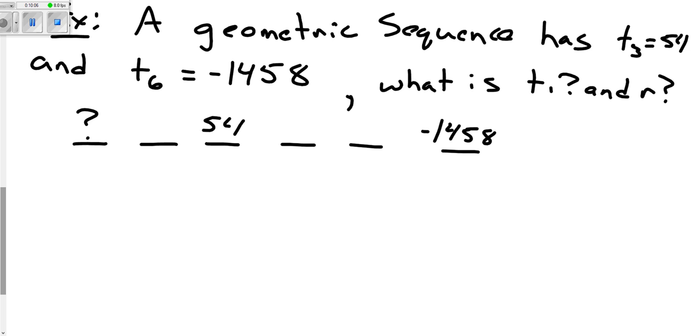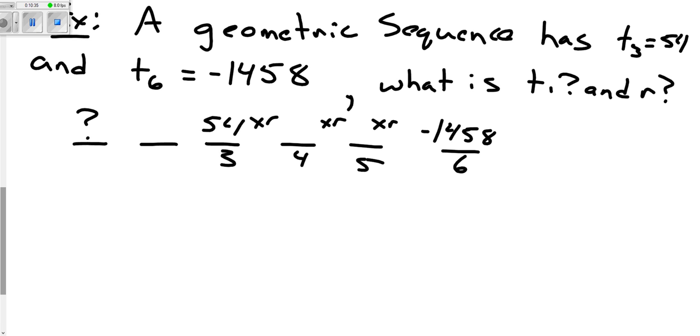So to get this term here, I went 54 times R, right? That's your ratio value. Then I took this term and multiplied it by R again to get term number 5. And to get term number 6, I multiply that by what?